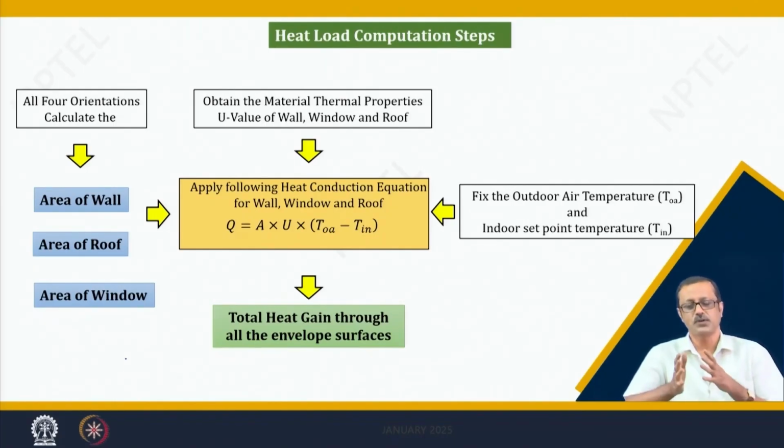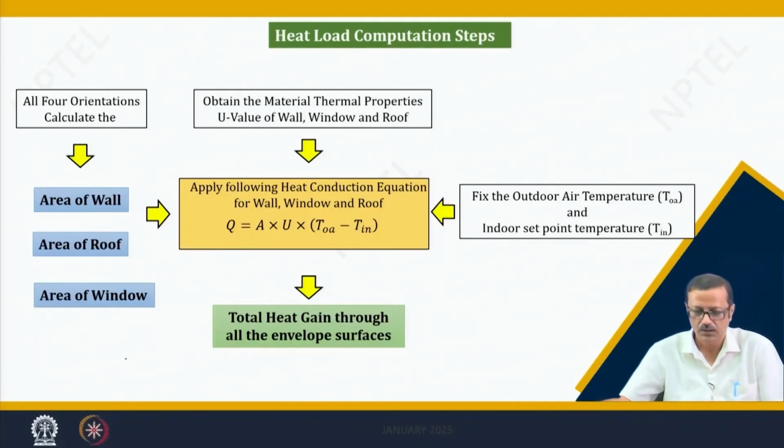After that, we need to classify the different thermal properties of those materials: what is the U value of the opaque material, and what are the U values of the roof and the windows.